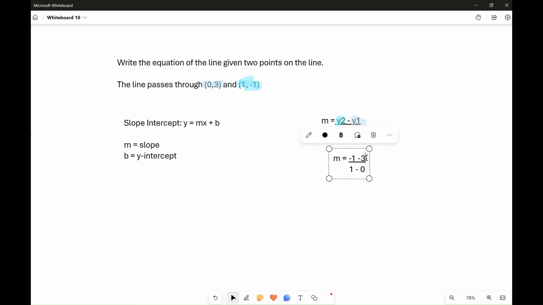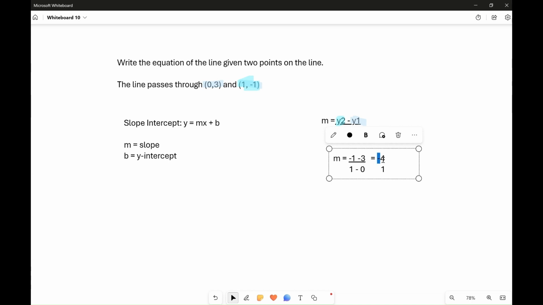So that would mean that our answer, when we simplify that, we're going to get negative 4 in the numerator, and it's going to equal 1 in the denominator, right?